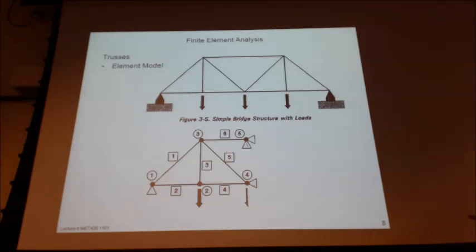Node 2 is going to have 5,000 pounds on it. What's going to happen at node 4? It's going to have half of that, so 2,500 pounds. And we're constraining it normal to our axis of symmetry. It won't displace in our axis of symmetry.